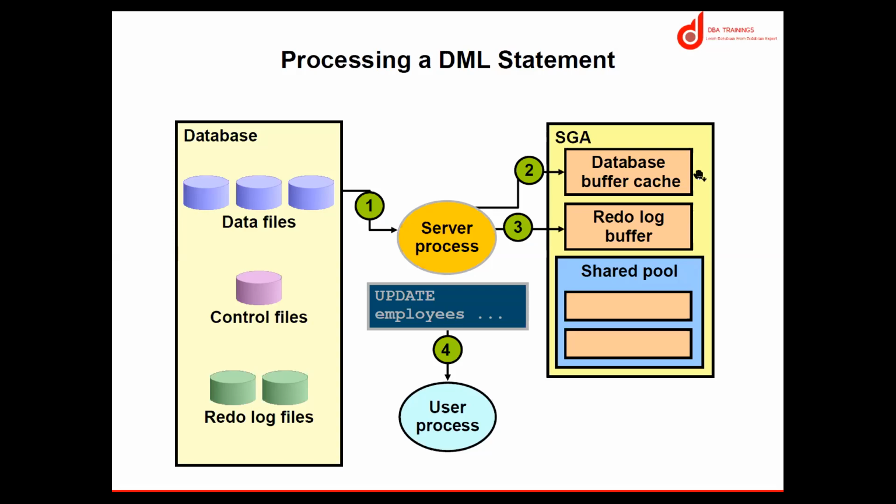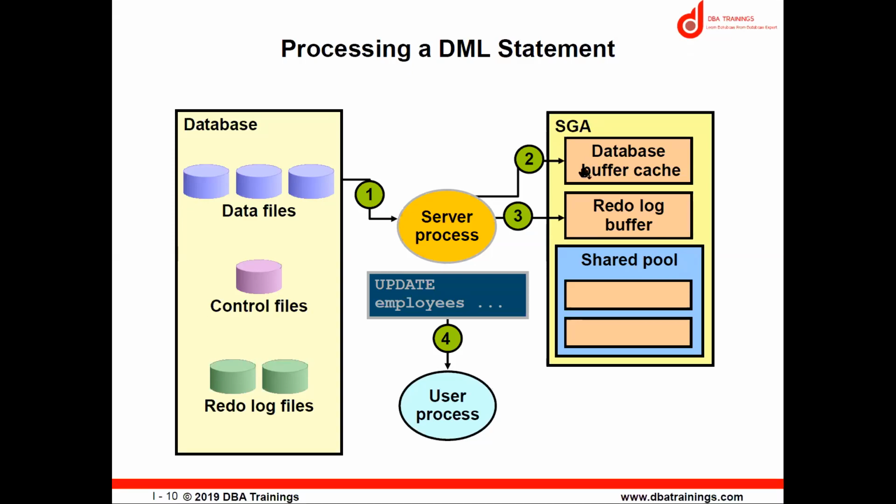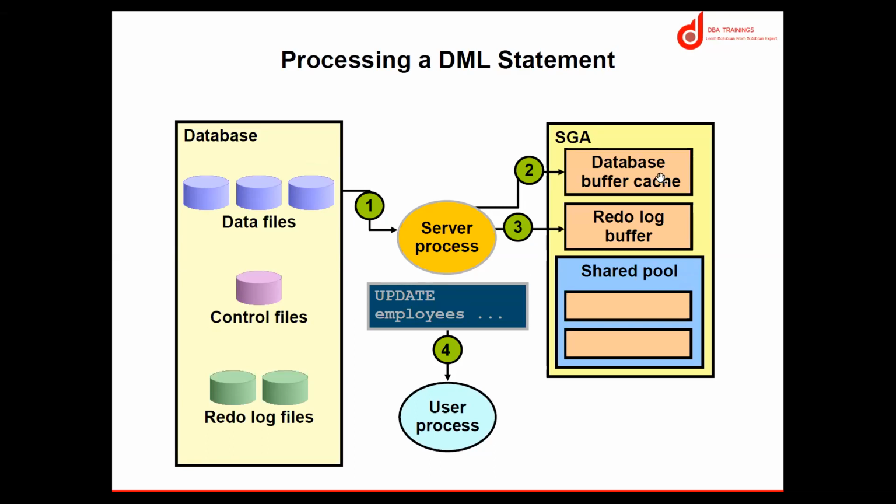After that, you can see in the second phase what is happening in the buffer cache. The server process records the changes into your data buffer, and if it is an update, the old data is also kept. For example, I am doing an update on the employee table, so my old data, the undo data, will be kept as well.